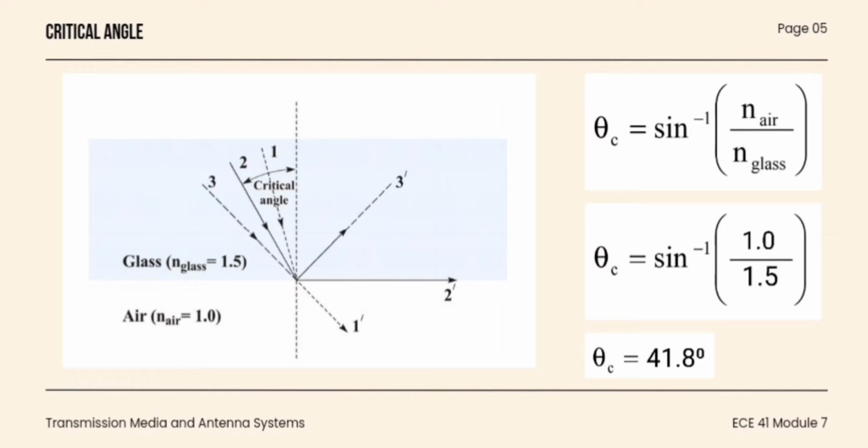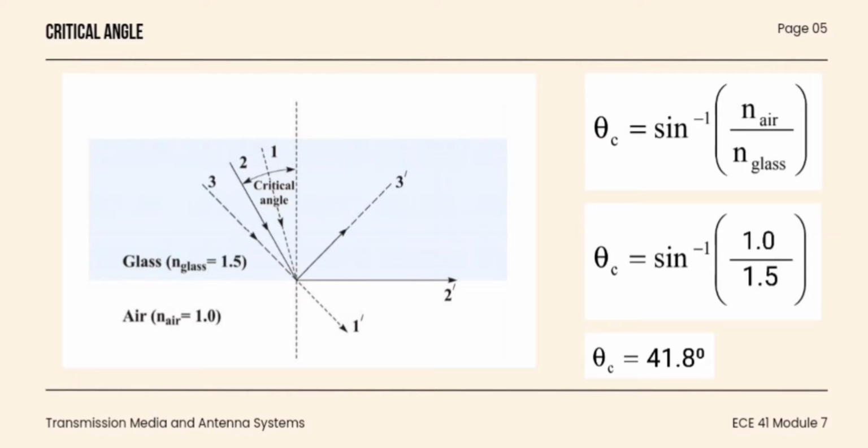Instead, the total internal reflection bounces light back into the glass, obeying the law of reflection, which is ray 3 to 3 prime. In figure 1, light is refracted in ray 1 to 1 prime.